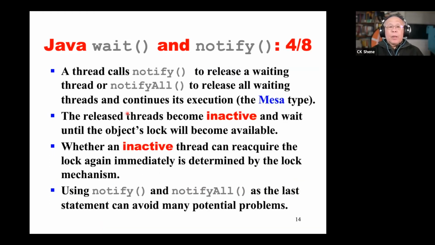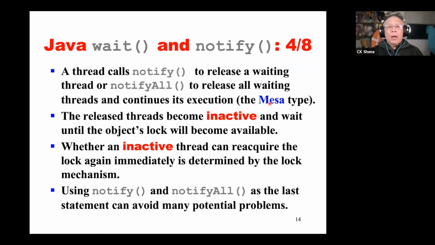Now, a thread calls notify to release a waiting thread. If a thread calls notify all, it's to release all waiting threads. Whether this thread calls notify or notify all, after calling either one, the thread continues its execution. Now it tells you something. Java uses the Mesa type.